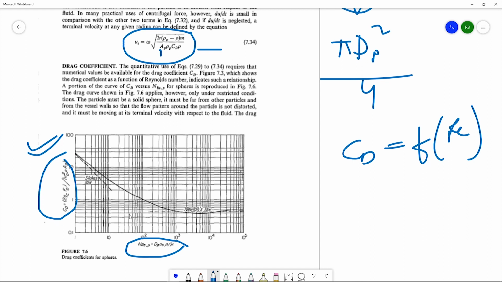So it changes. As I told you, if the Reynolds number is less than 0.1, then it is the Stokes regime, right? Stokes regime.